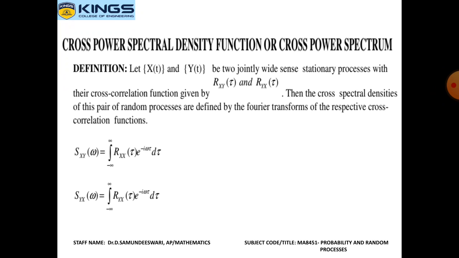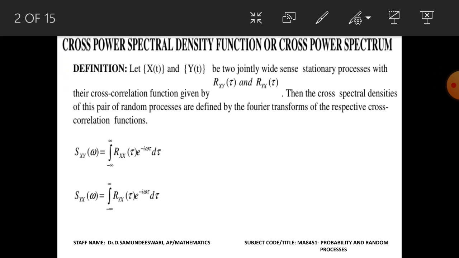If x(t) and y(t) are two jointly WSS processes with cross correlation functions Rxy(tau) and Ryx(tau), then the cross spectral density of this pair of random processes is defined by the Fourier transform of the respective cross correlation function.